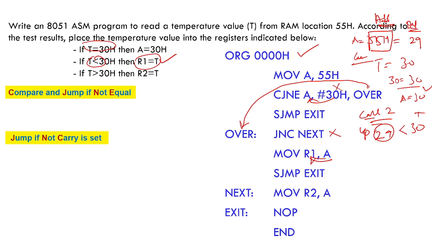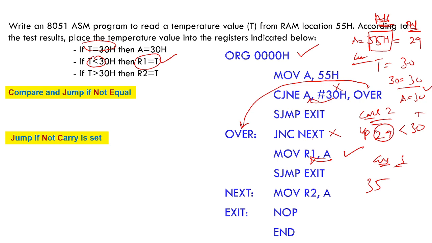I am giving R1, your accumulator, that is a temperature value, to R1. That's it. So let me say your case 3. If your input is 35, again it will come here. If it is greater, the condition fails, it's not equal, so again it will go to over and jump if not carry is set.